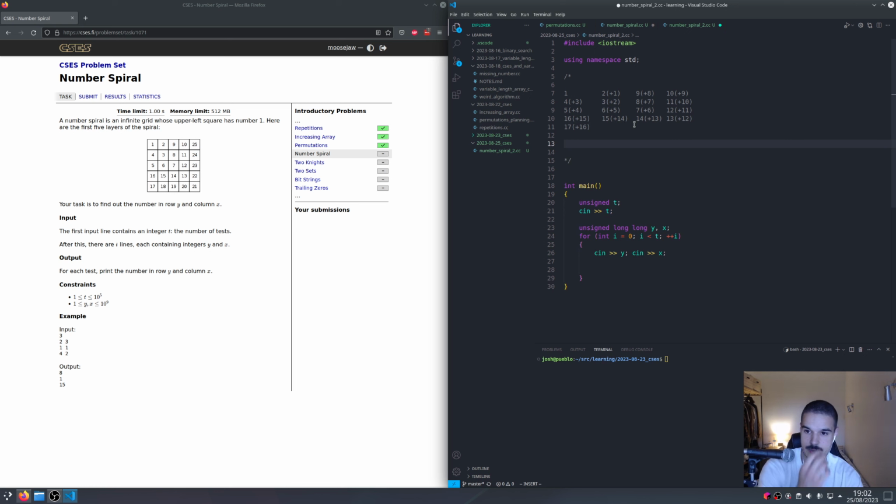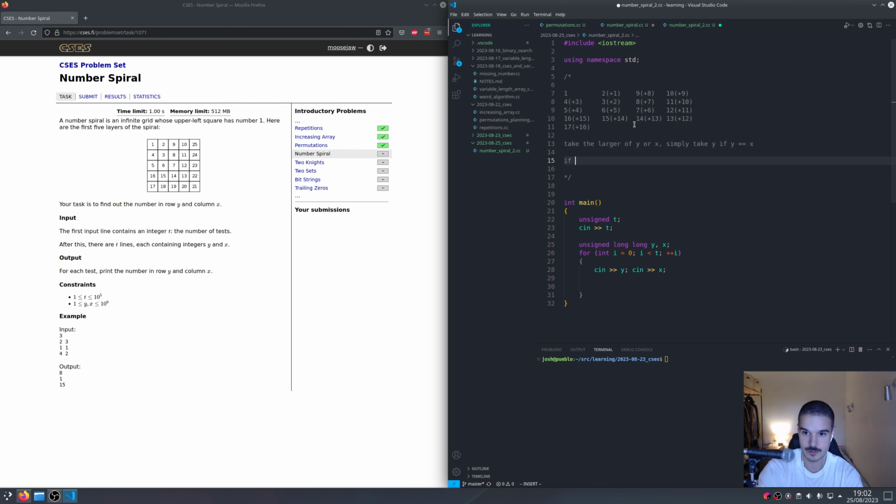So let me actually make a note of what I want to do here. Take the larger of y or x. Simply take y if y is equal to x.